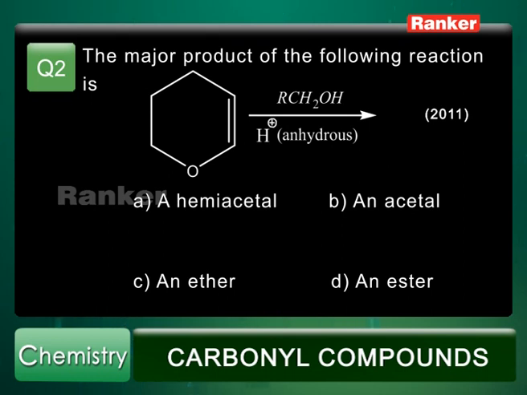So if such an acid is added, what is the product formed? The options are a hemiacetal, an acetal, an ether and an ester. All these four functional groups you must be very much aware of, otherwise you cannot answer.